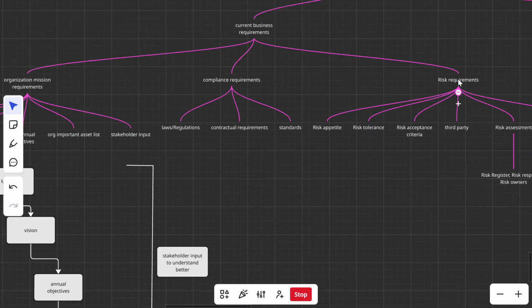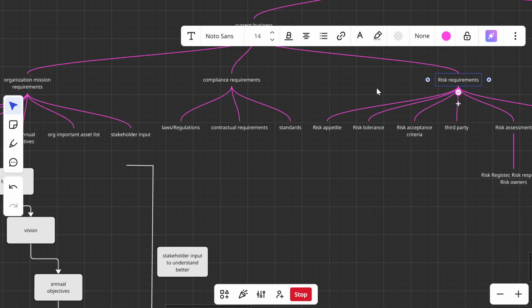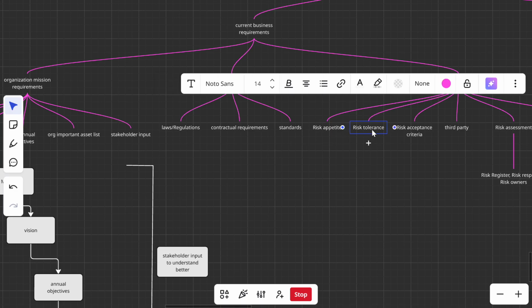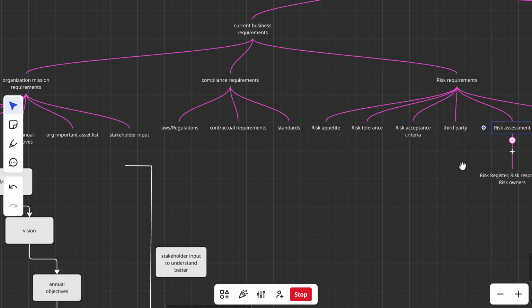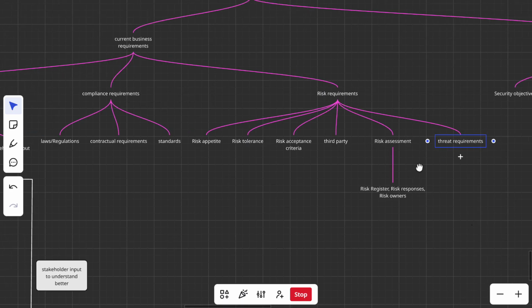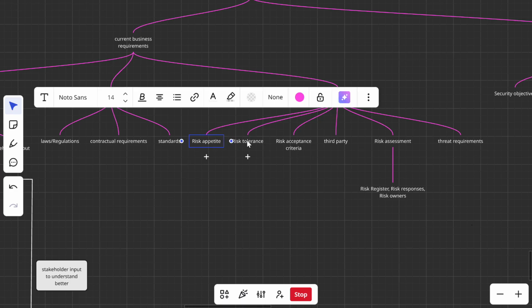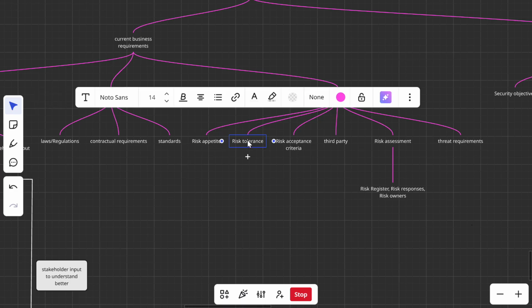There is also one more requirement, and this is the major requirement. It's risk requirements. Risk appetite, risk tolerance, risk acceptance criteria, third party, and risk assessment, threat requirements. All of them are risk requirements. Risk appetite are just high level statements about assets.